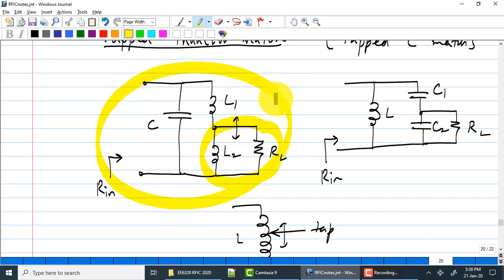There are specific types of oscillators where this tapped inductor structure or tapped capacitor structure is used in exactly this form. The circuit that uses the tapped capacitor structure is called the Colpitts oscillator. The circuit that uses the tapped inductor structure is called the Hartley oscillator, named after the people who discovered these types of oscillators. And they inherently assume impedance transformation of some sort.